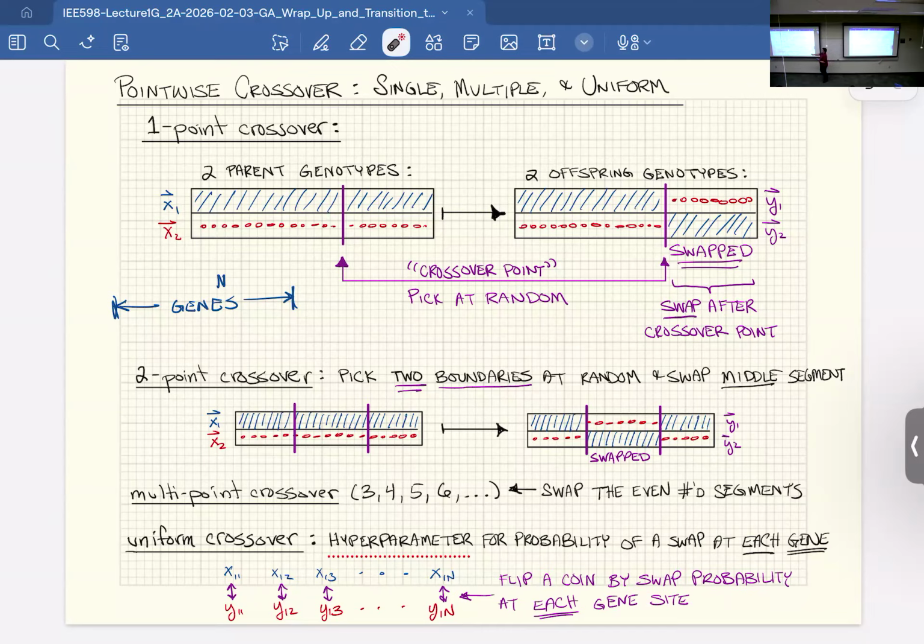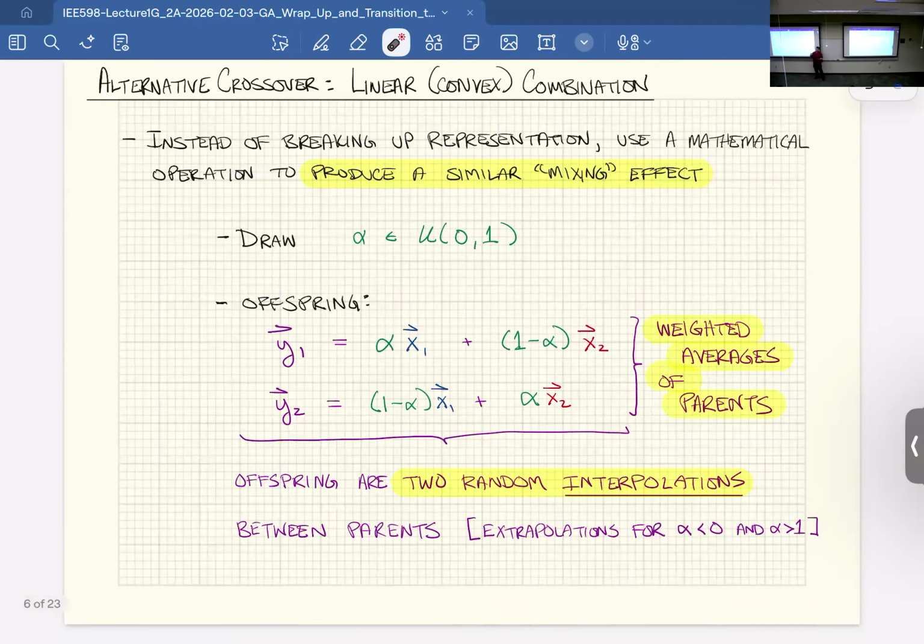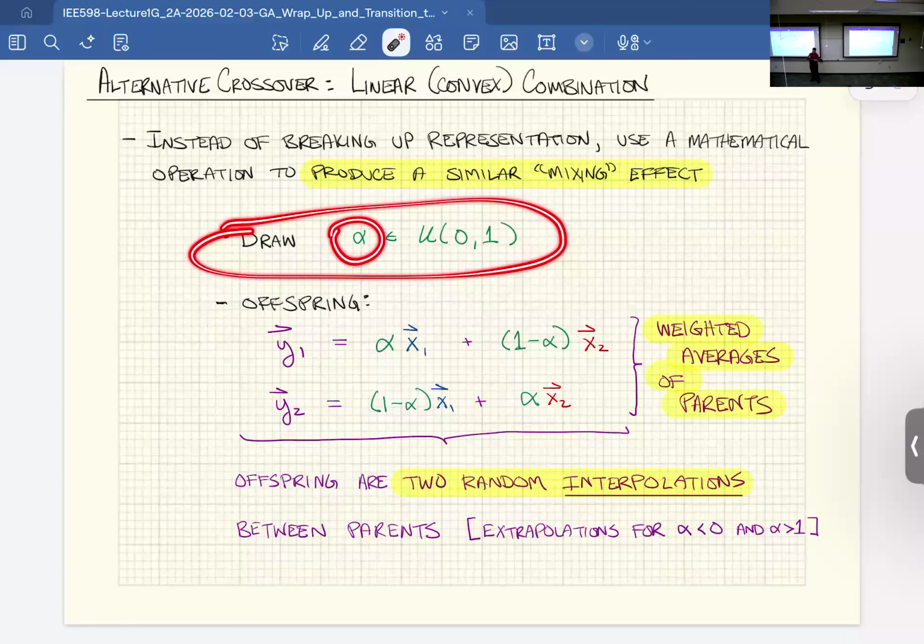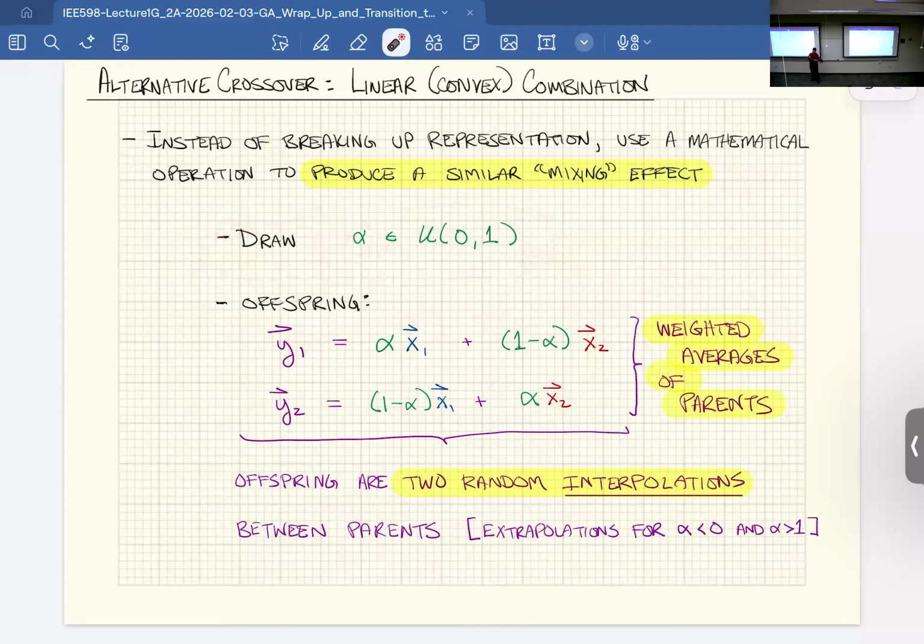Okay, so you don't have to do crossover by points. It's also possible to do a linear combination, or we might call a convex combination, or even a conical combination. So where you can draw a weight, which is a mixture of the two parents.